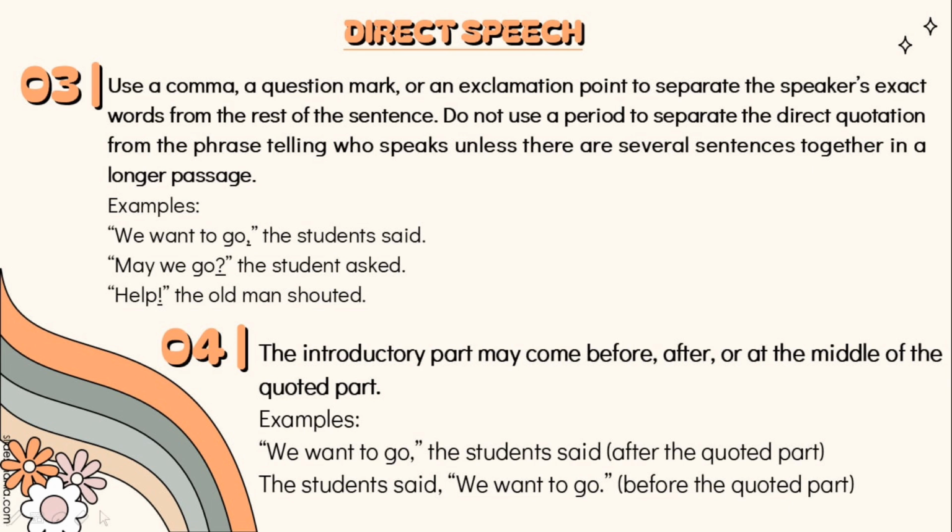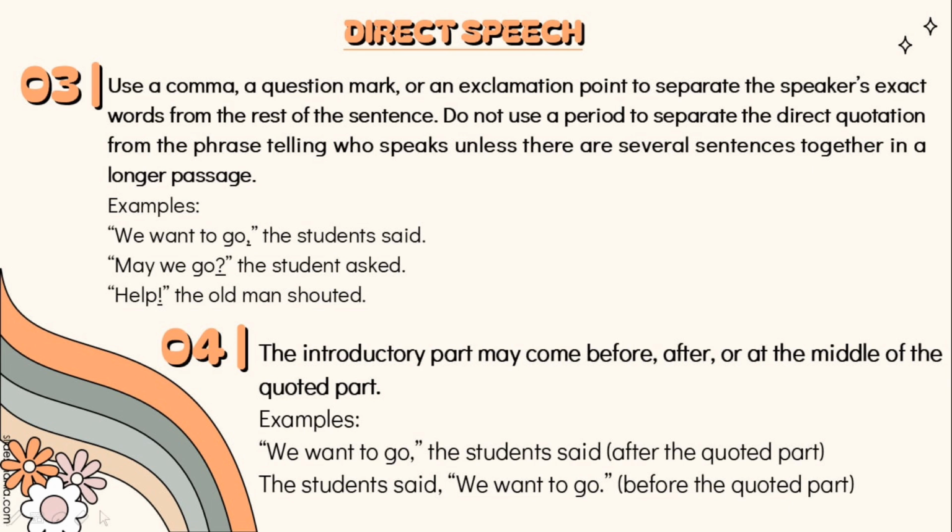Okay, I will explain this. So use a comma for statements, a question mark for questions, or an exclamation point for strong emotions. Use this just to separate the exact words being said by the speaker, okay? And remember, don't use a period unless you're quoting multiple times, okay?